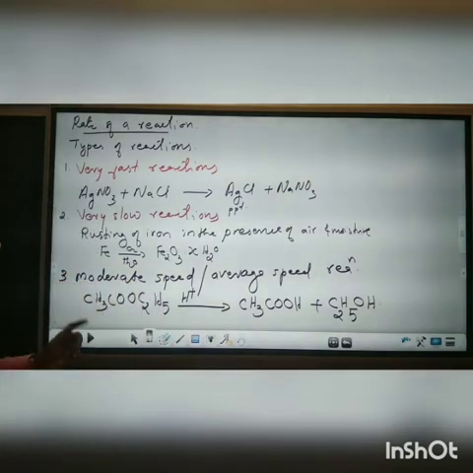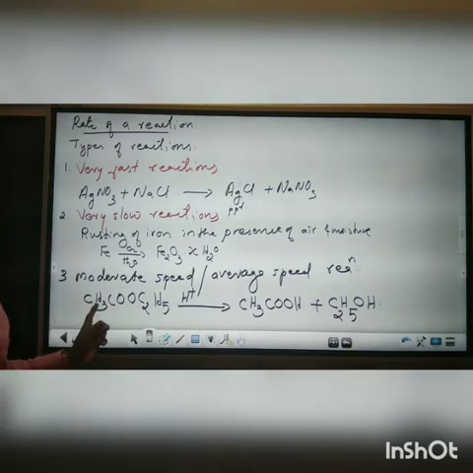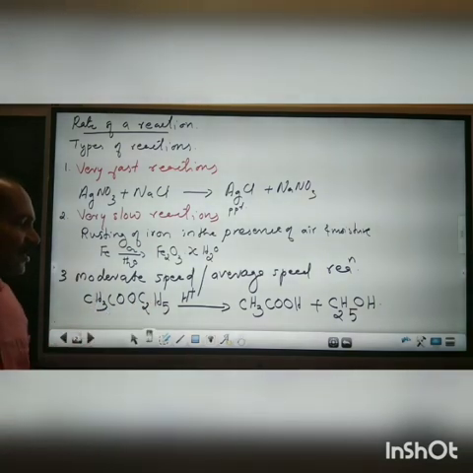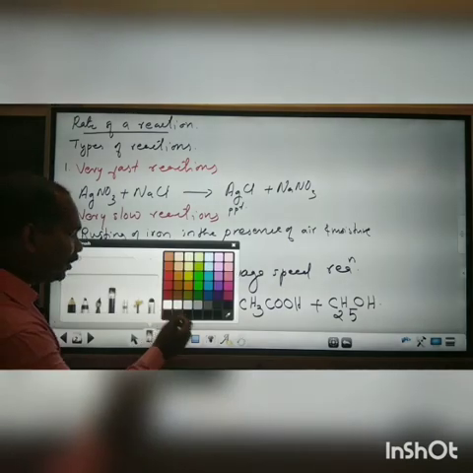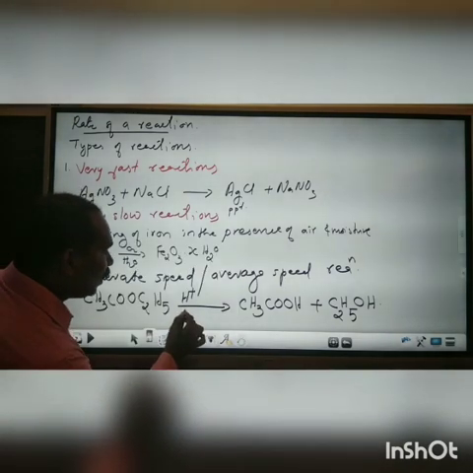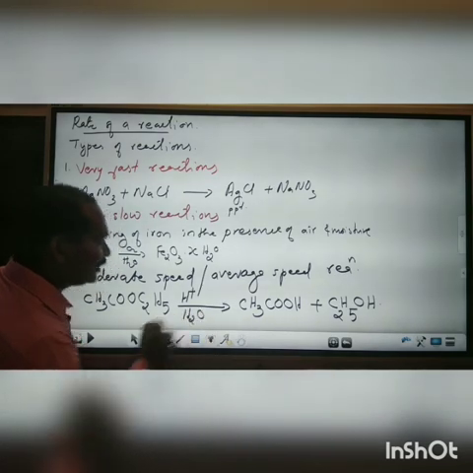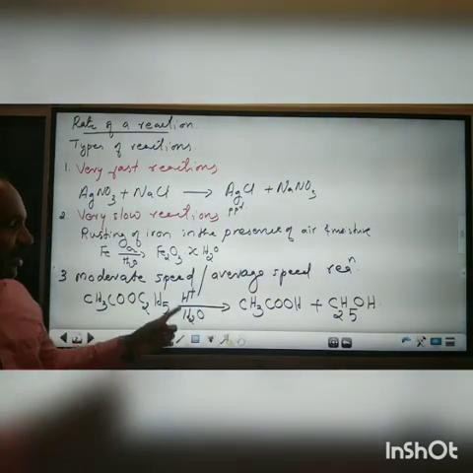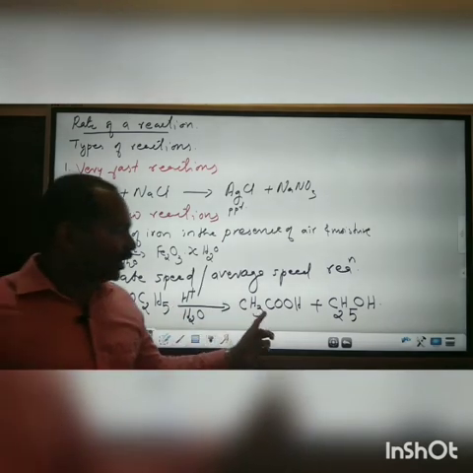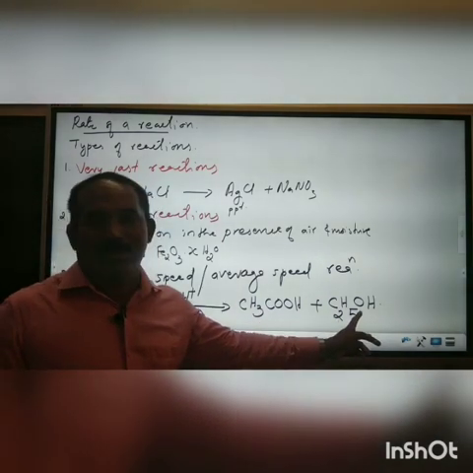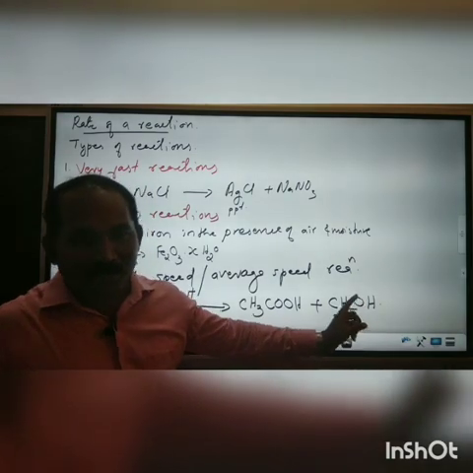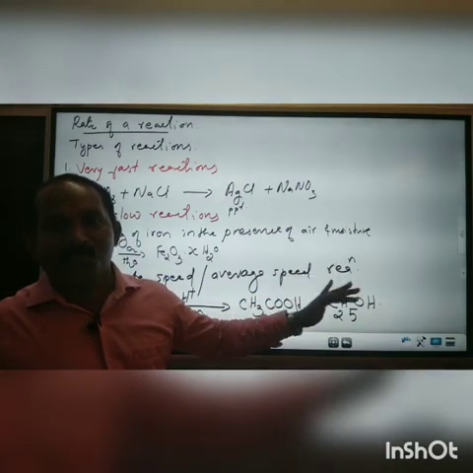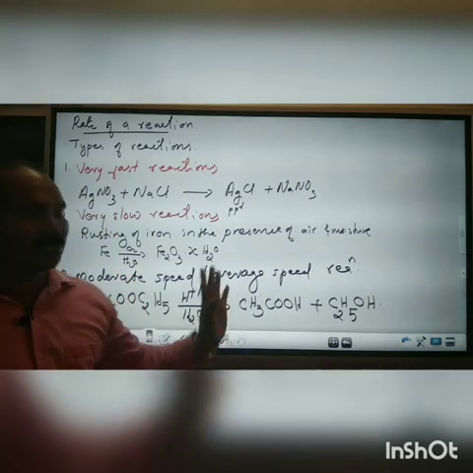One example is ethyl acetate, an ester present in fruit, which is hydrolyzed in the presence of water, and the medium is acidic. Ethyl acetate hydrolyzed gives acetic acid and ethanol. This reaction occurs at moderate or average speed.